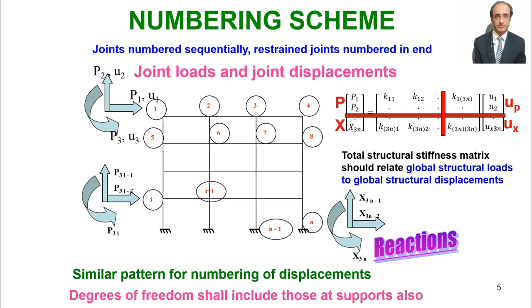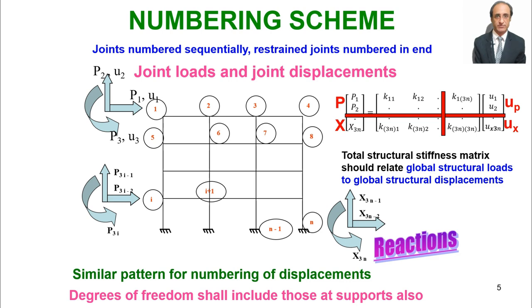We can do partitioning here also. So we have here UP, which are the unknown displacements now, and we have here UX, which are the prescribed displacements. And the last number should be UX 3n. And 3n refers to the number associated with the degree of freedom.